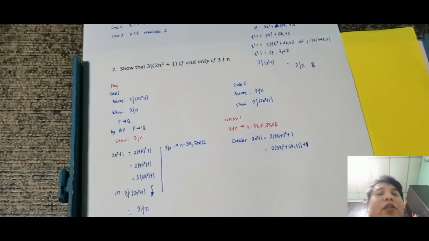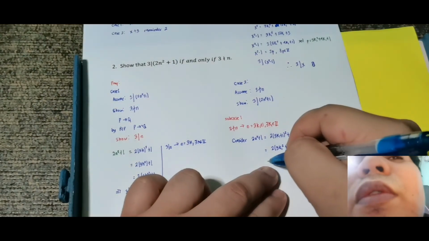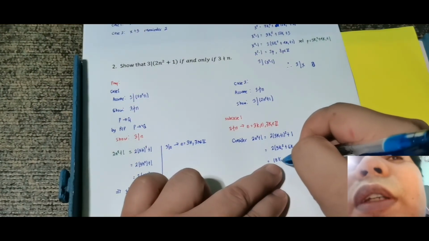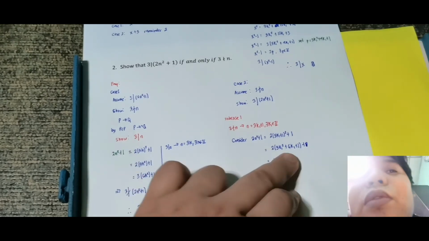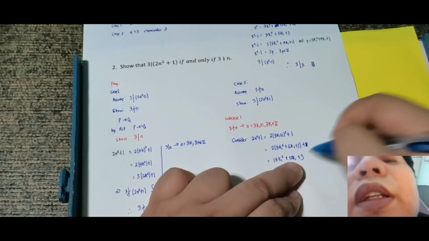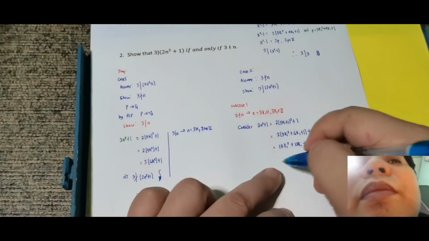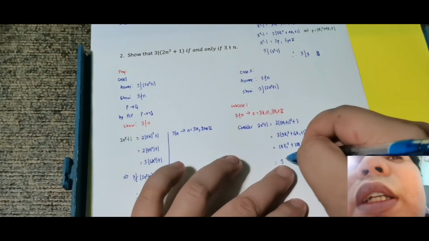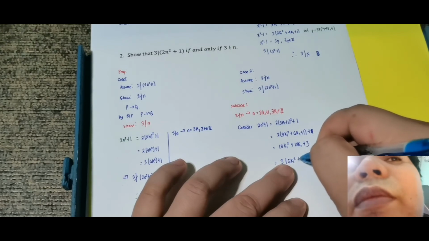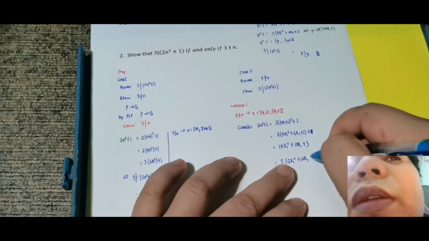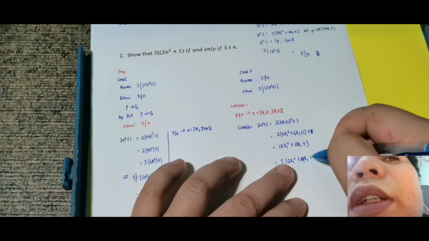Okay, then pag minultiply natin yung 2, so this is 18k sub 1 squared plus 12k sub 1 plus 2 plus 1, so this is plus 3. Okay, so may factor out ako na 3 dyan. So this is equal sa 3 times 6k sub 1 squared plus 4k sub 1 plus 1.